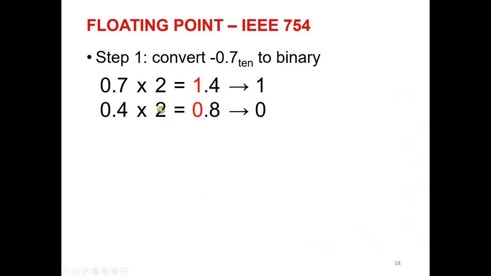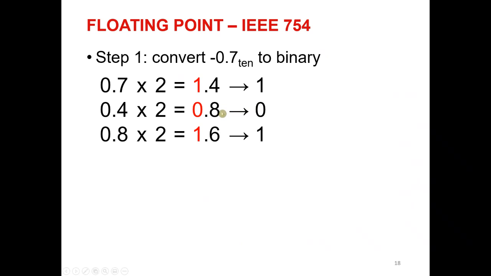I then multiply again the resulting value minus the 1. This 0.4 comes from subtracting the 1 that we have put here. So we have 0.4 times 2, which is 0.8. In this case, we have a 0 before the point, so we add a 0.